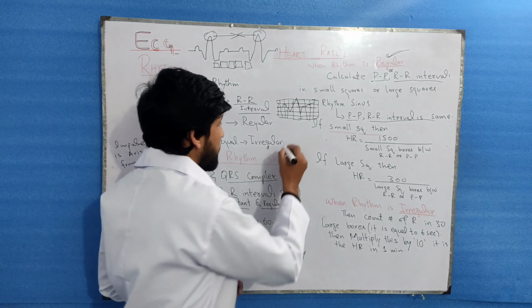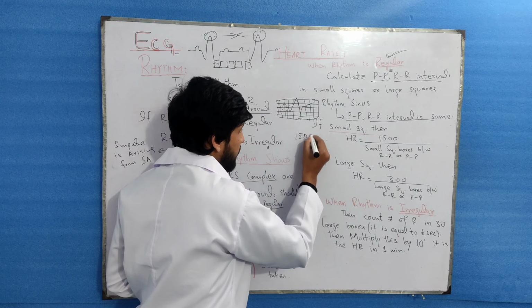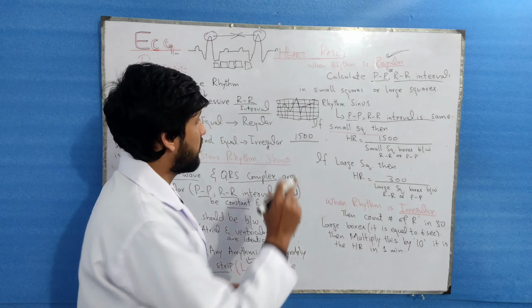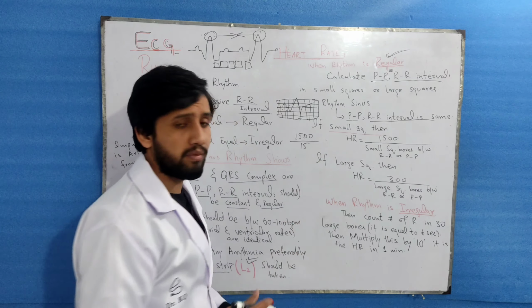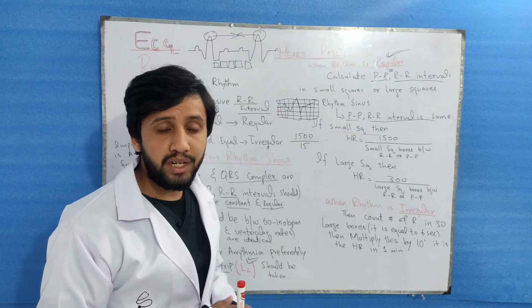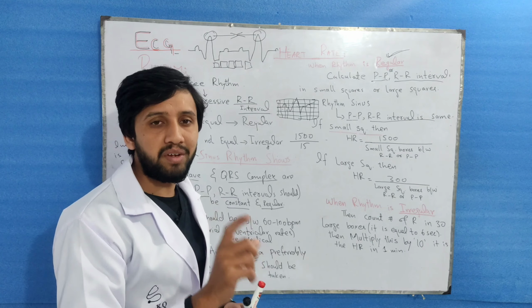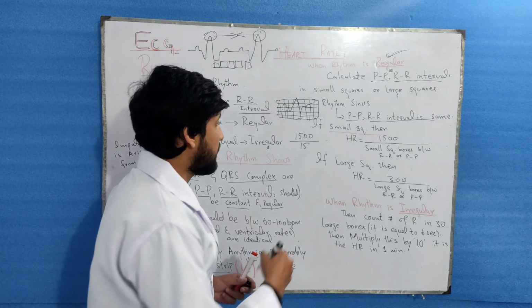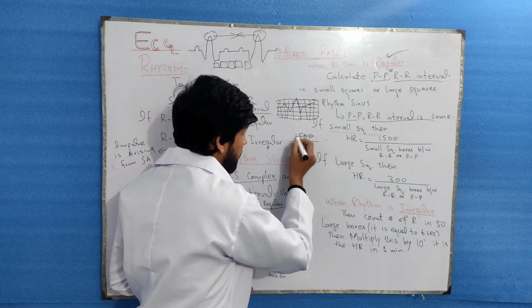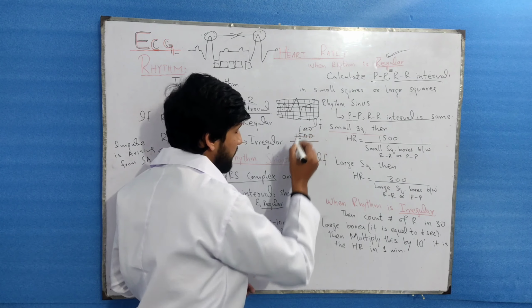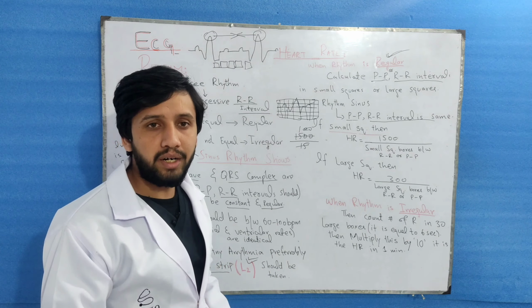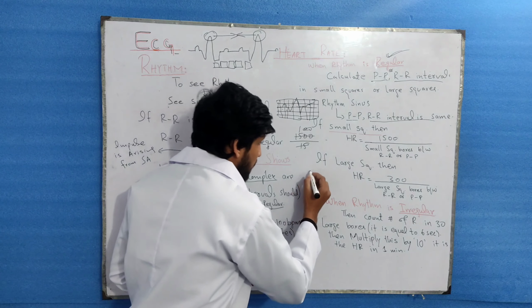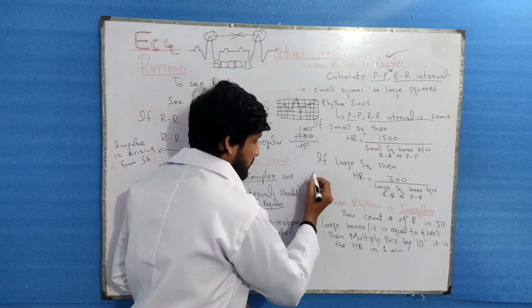Suppose you have 1500 divided by the number of boxes, like 15. If you have 15 small boxes between the PP or RR interval, then your heart rate will be 100. If you are calculating from large boxes, divide 300.